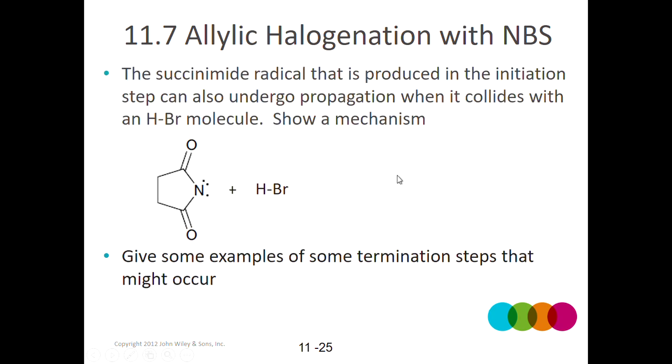So what will happen to that radical is it will usually end up picking off a hydrogen and creating more bromide radical. So when this nitrogen picks up that hydrogen, it does a hydrogen abstraction.